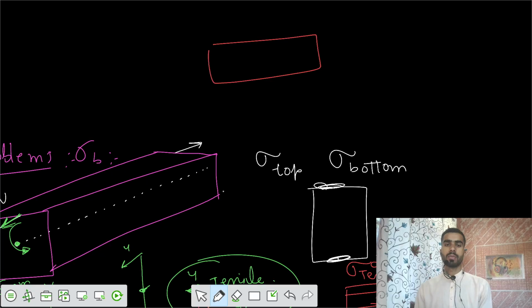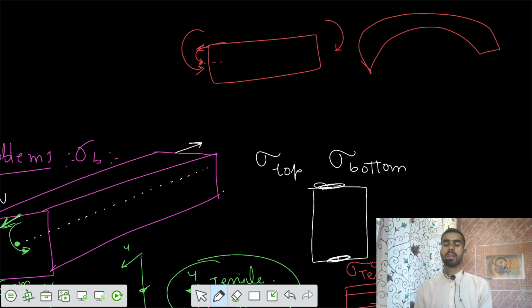Let's say this was your beam and you are applying an anti-clockwise moment. The force got transferred along the axial line, so it causes an anti-clockwise moment and your beam would get hogging curvature. So top fibers will have tensile stresses and the bottom fibers compressive stresses.